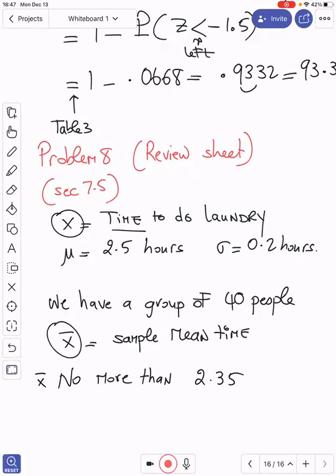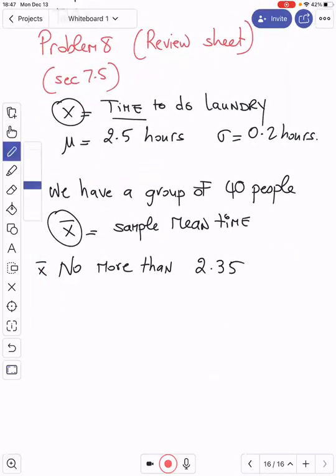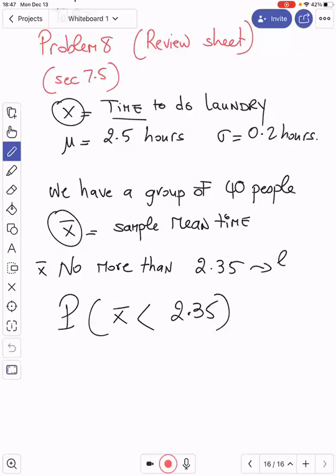So here we want the probability that x bar is less than 2.35. Now, as I said, this is different from the previous questions because it's not x here. We are talking about x bar, the sample mean.